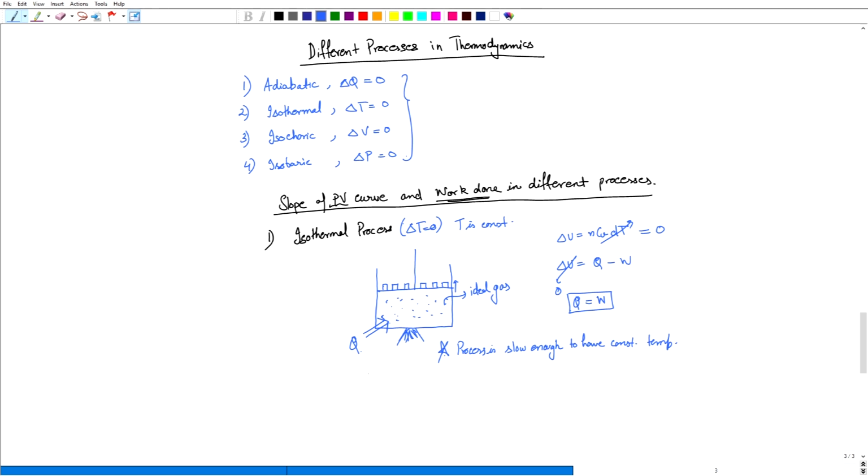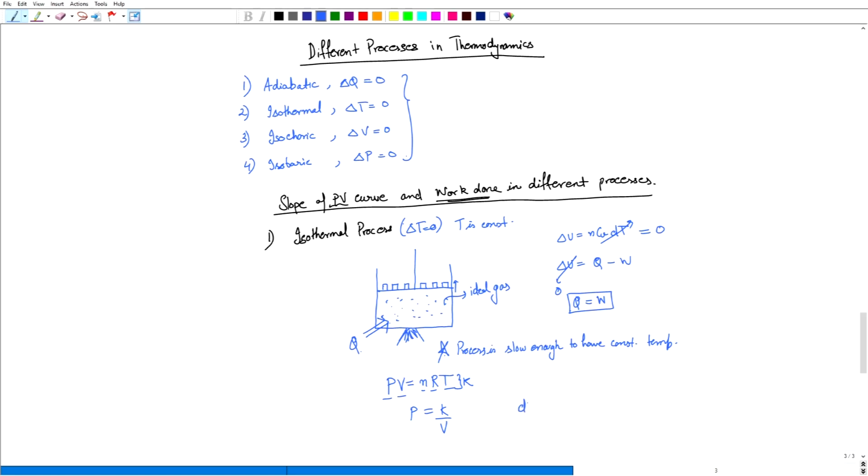For this case, if I look at the ideal gas law, that is PV equal to nRT, and if I want to find the slope of the PV diagram, T is constant and R is constant, so I can call it K, so P will come to be K by V. If I want to find the slope, let's take the differential of PV.